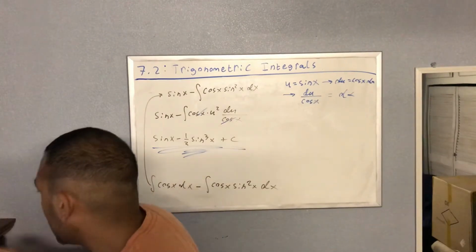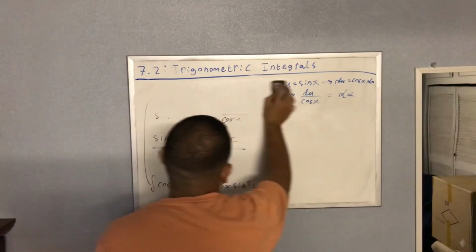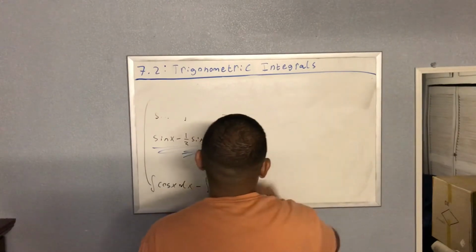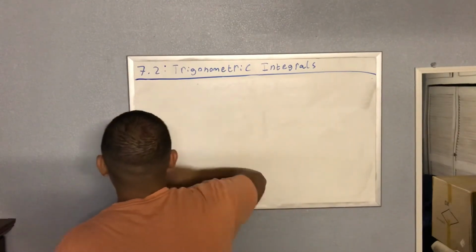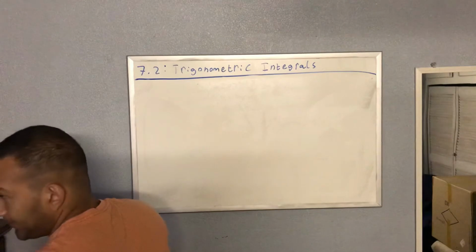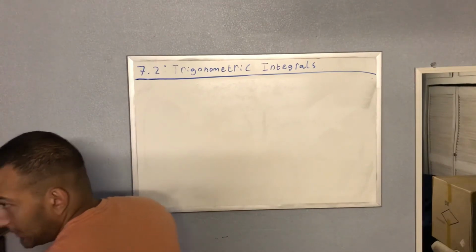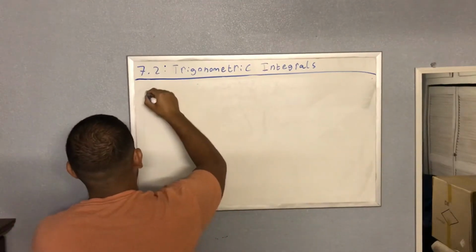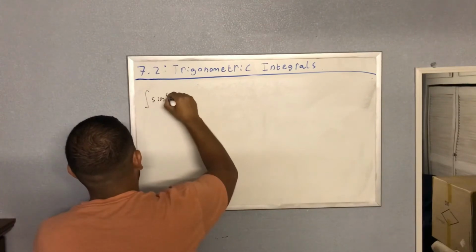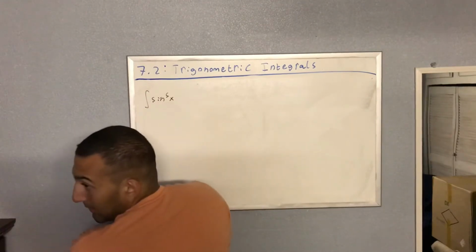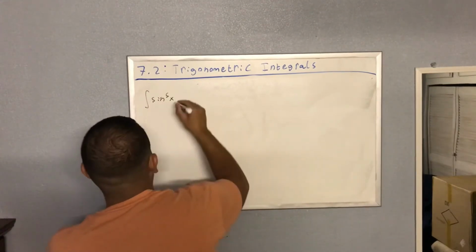Okay, so now let's jump to this one. Let's do the integral of sine to the 5th x times cosine squared x.